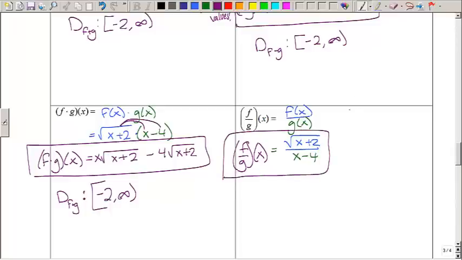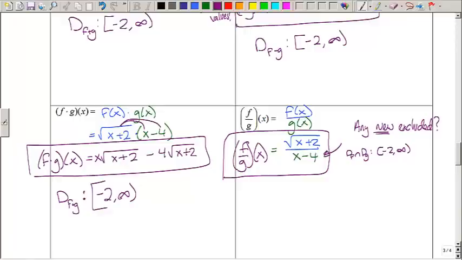Again, I ask myself the question, are there any new excluded values that I have created? We are already deciding that we're starting with our original negative 2 till infinity because of the intersection of f and g, but is there anything new?